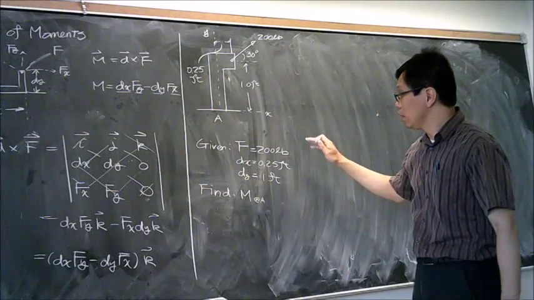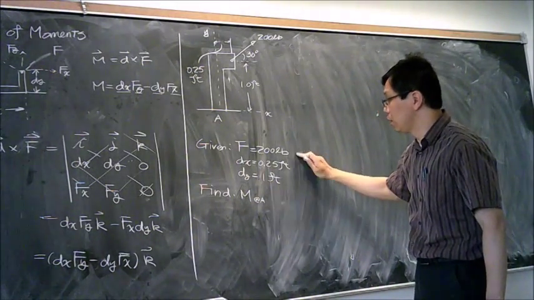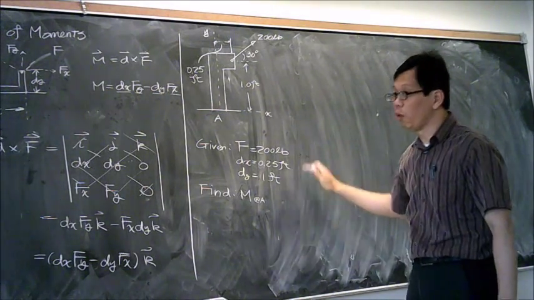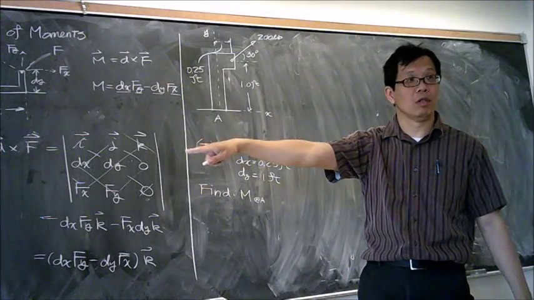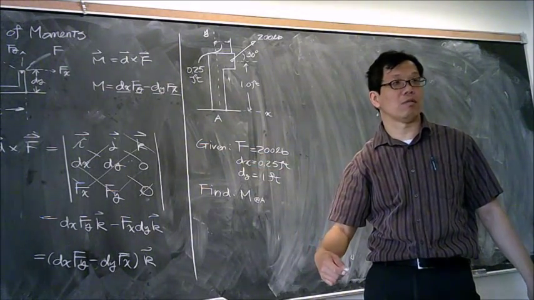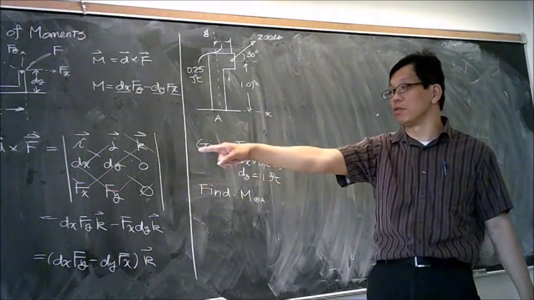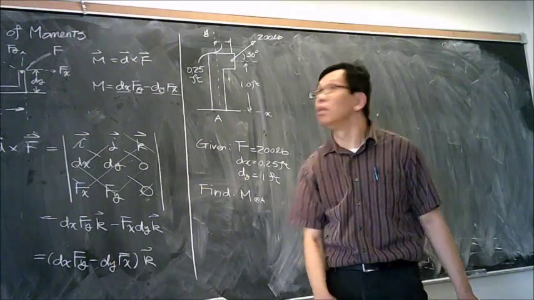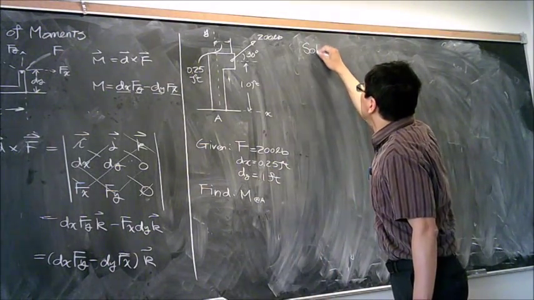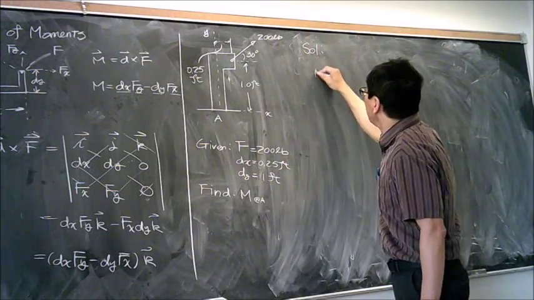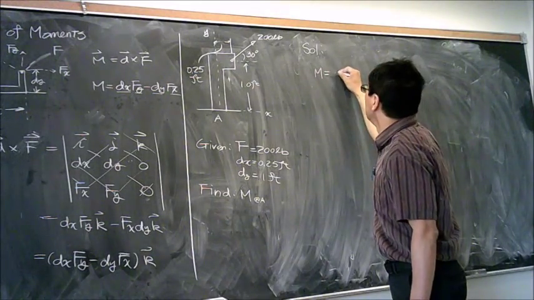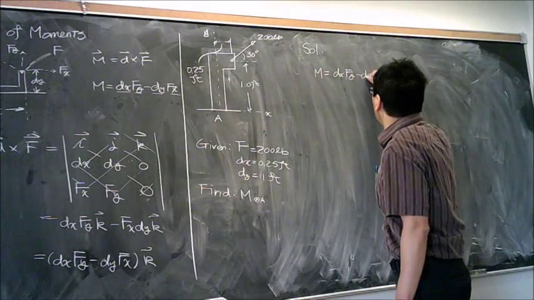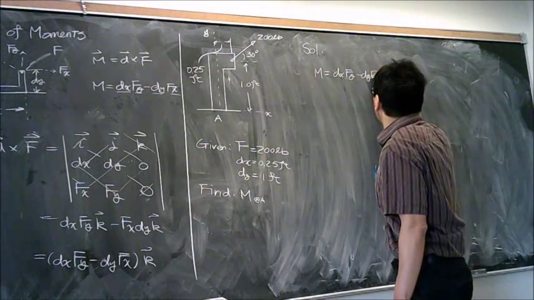So, since we are given these conditions, we can actually use two methods to obtain our result. One is to use vector representation, but obviously, most of you probably don't prefer that method. So we're going to use the principle of moments. When we are using this method, M equals dx fy minus dy fx.